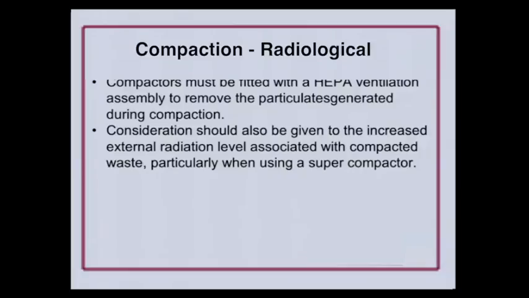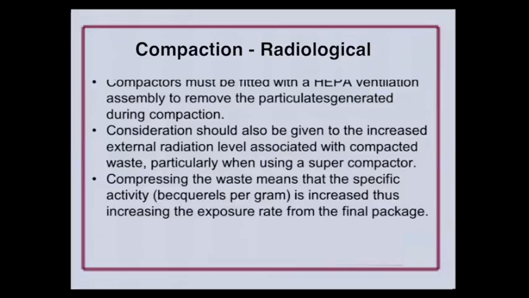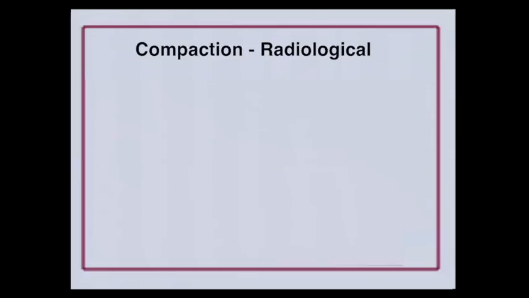It becomes a really significant factor when they're doing a super compactor, and that's usually done at a waste facility. So, if you're an RP at a waste facility, that's something that you're going to be looking at. As I just said, we'll be increasing specific activity and increasing the exposure rate coming from the package.